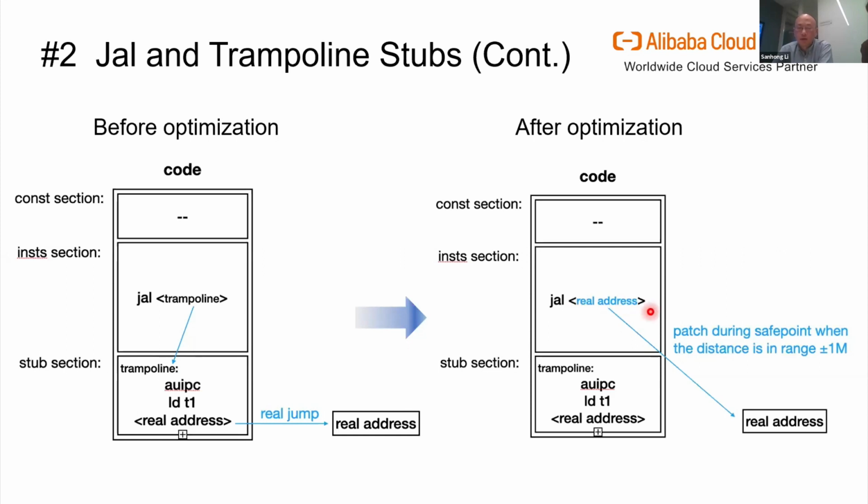At this point, all the Java threads are paused, so it is safe to update the jump address. With this optimization, we gain about 6% improvement in the benchmark.